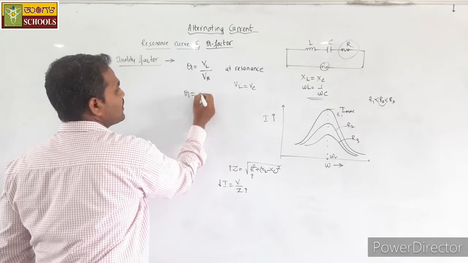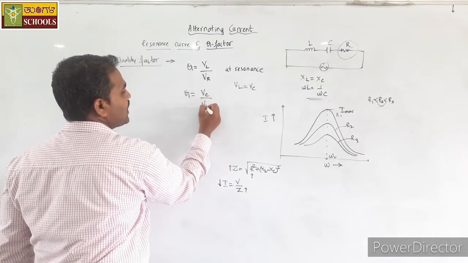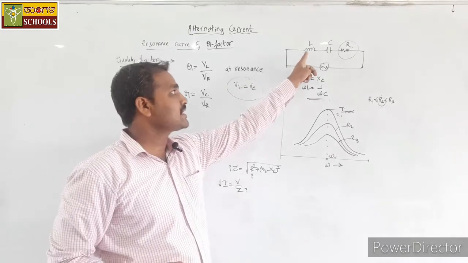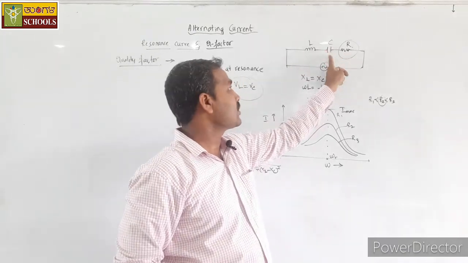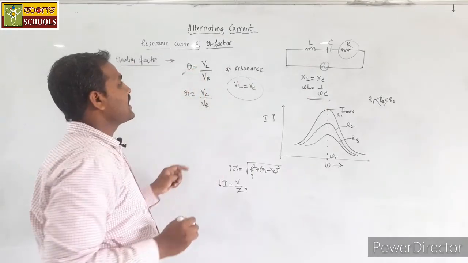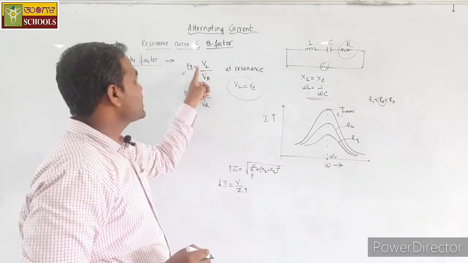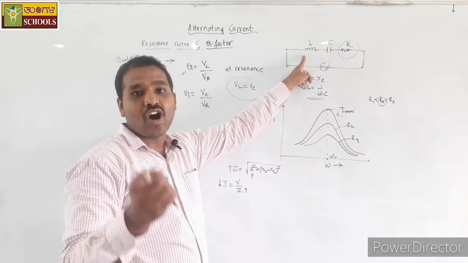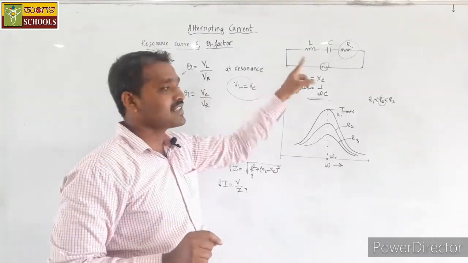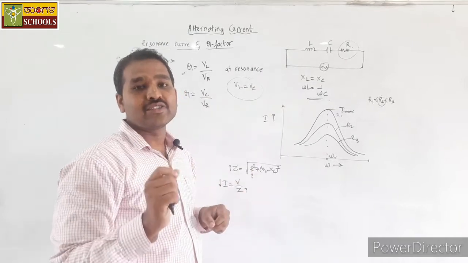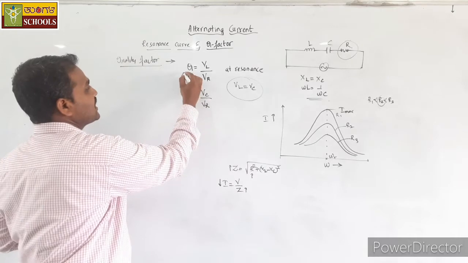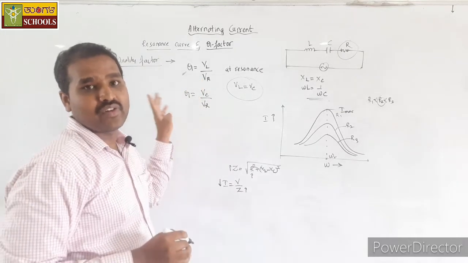So Q can also be defined as VC divided by VR. At resonance the voltage across the inductor is equal to the voltage across the capacitor. So quality factor can be defined as the ratio of the voltage across the inductor or capacitor and the voltage across the resistor at resonance in the circuit. This is the mathematical definition of a quality factor.